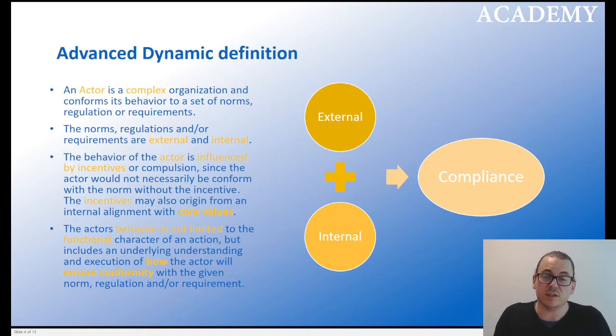Your own strategy, your own core values have to go through the whole system and even out to your contractual partners. So the actors' behavior is not limited to the functional character of a single action, but you need to understand how the actor will ensure conformity in any given sense, returning to the norm, society's expectation, regulations, both internally and external.